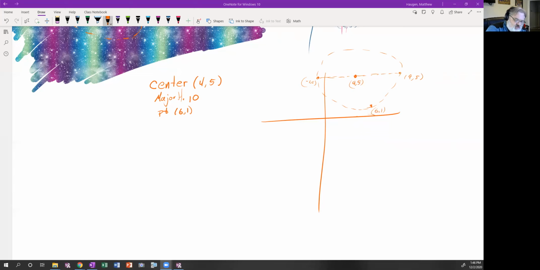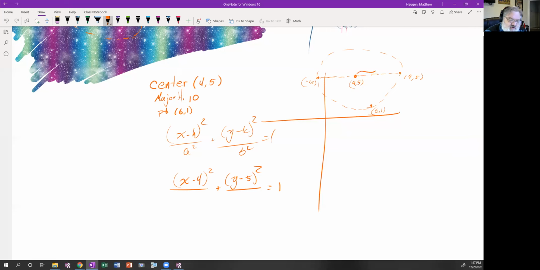We know that our form should look like x minus h squared over a squared plus y minus k squared over b squared equals 1, because that's what all ellipses look like. We know that that hk has to be 4 and 5 for the center to be where it is.